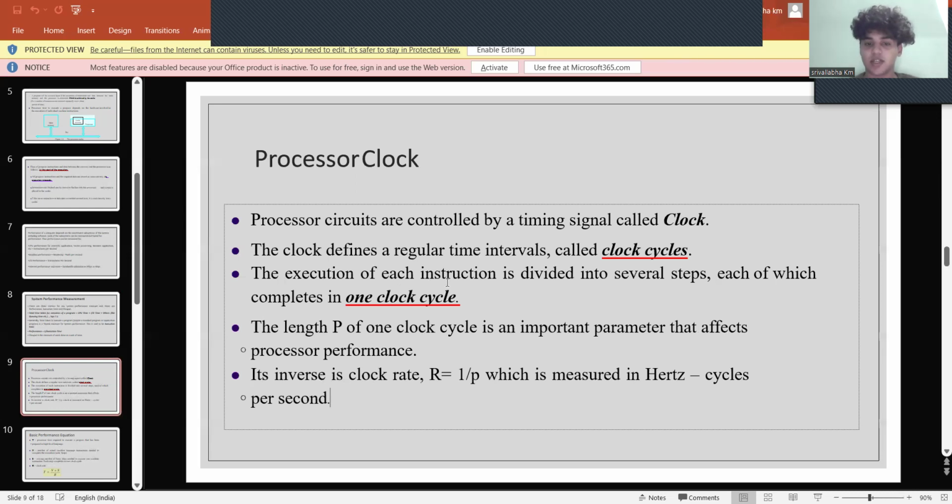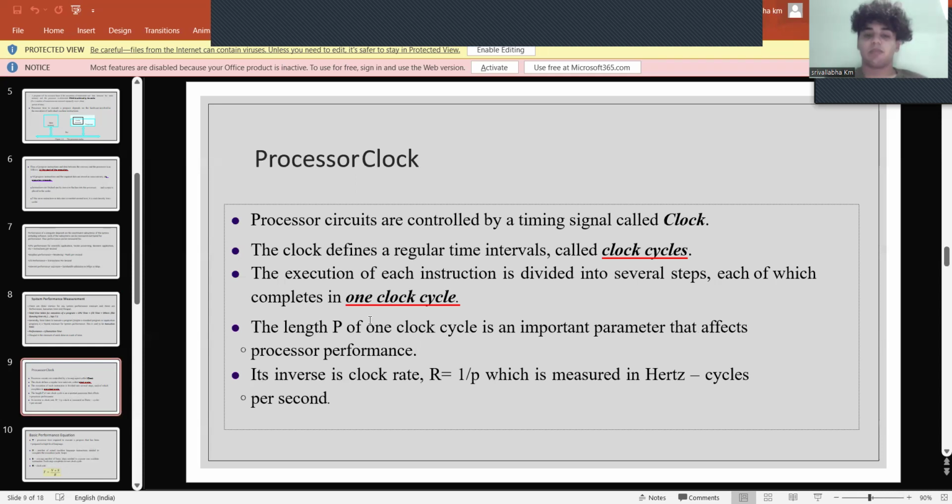The execution of each instruction is divided into several steps, each of which completes in one clock cycle. The length P of one clock cycle is an important parameter that affects processor performance. Its inverse is clock rate R equal to 1 by P, which is measured in hertz, cycles per second.